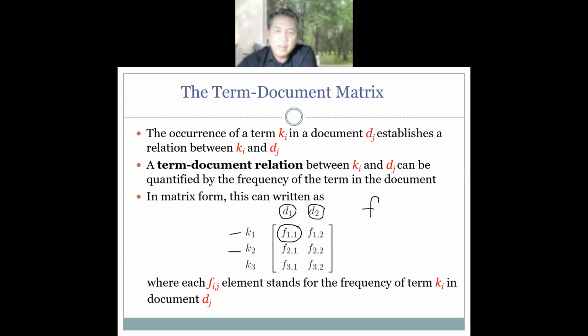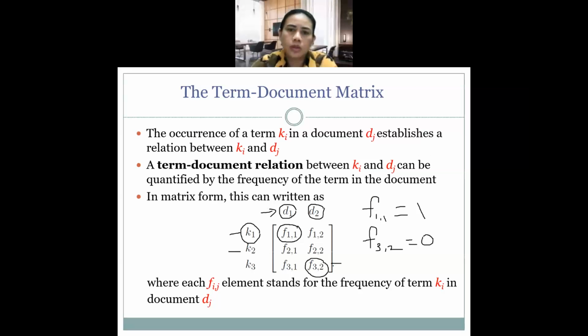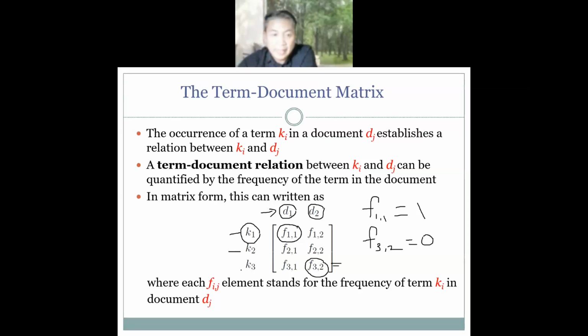So if my F1 1 is 1, it means that keyword 1 exists in document 1. If my F3 2 is 0, which is this one, it means K3 does not exist in document 2.